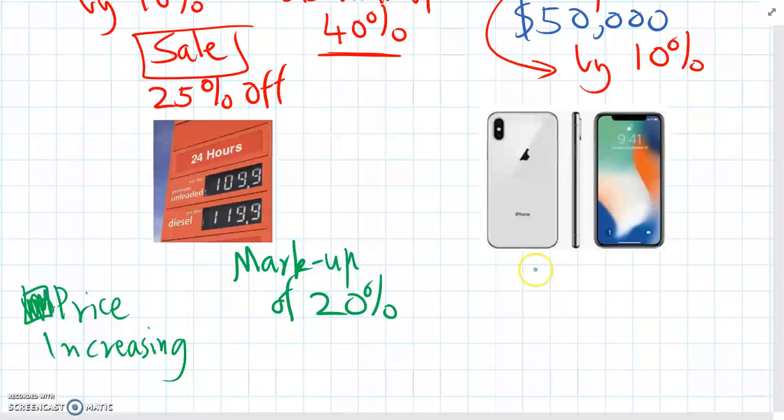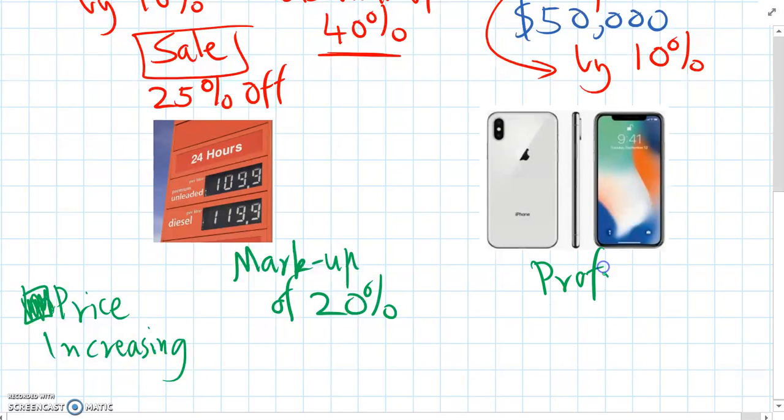Another example would be profit. And you've usually heard what profit means before. It means when you make an item or you buy it, like Apple makes their iPhones, when you sell it again, if you sell it for more than you made it for, you can make a profit.